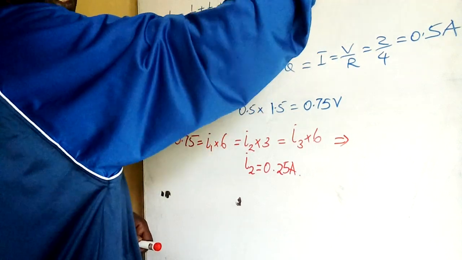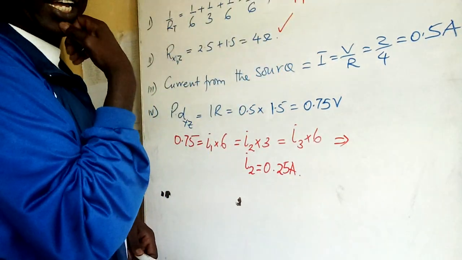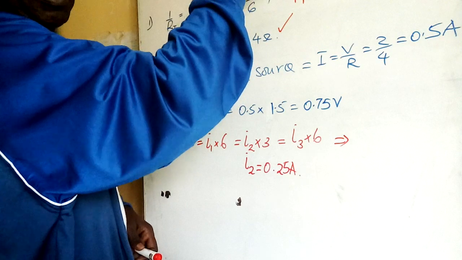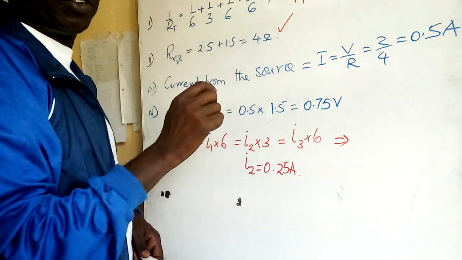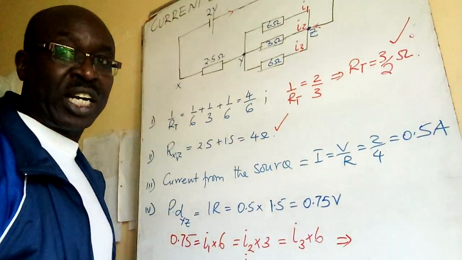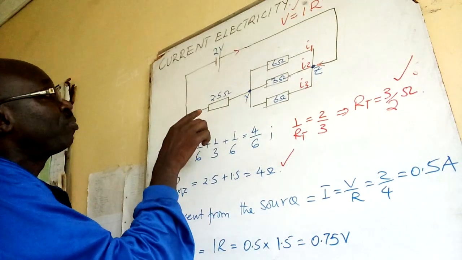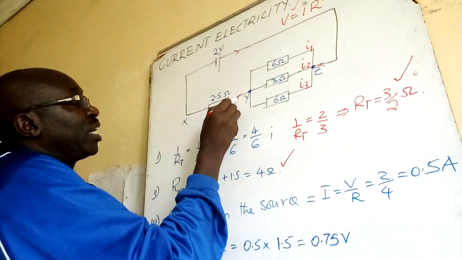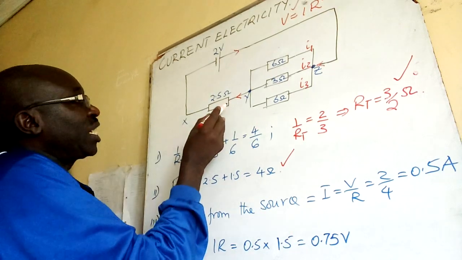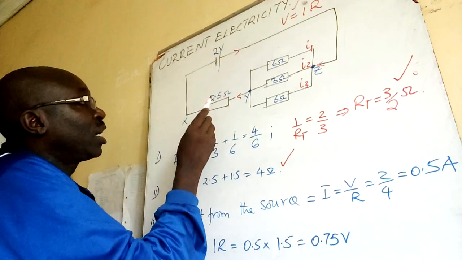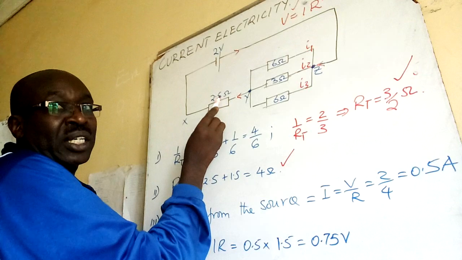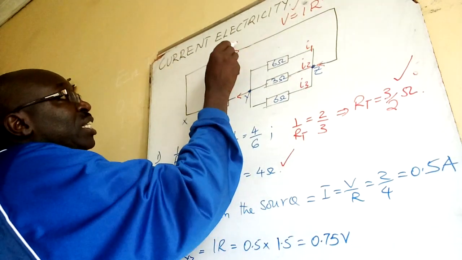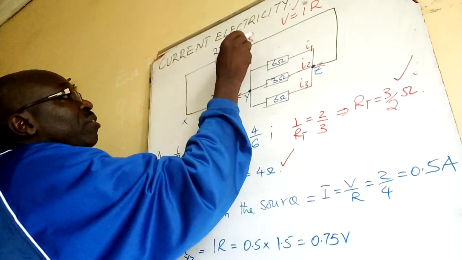If I multiply by the current through it, I get the PD across here. Alternatively, we focus up again. I know that this current will be the same passing here again. So I can get the PD here as 2.5 times the current. This current we got as 0.5.